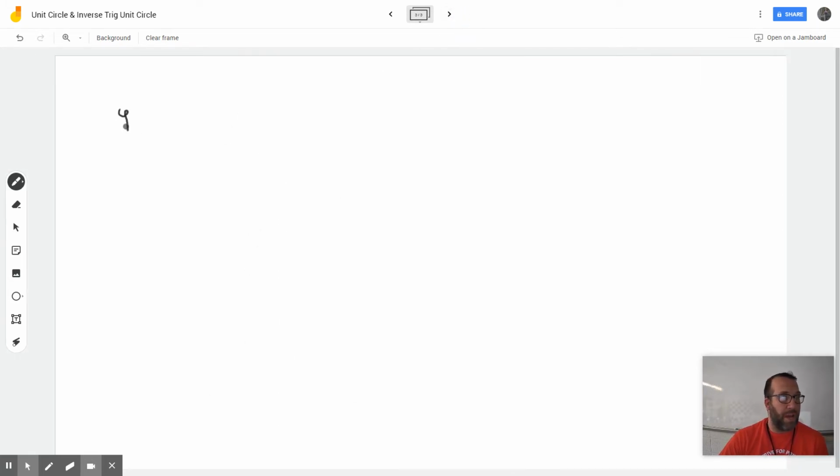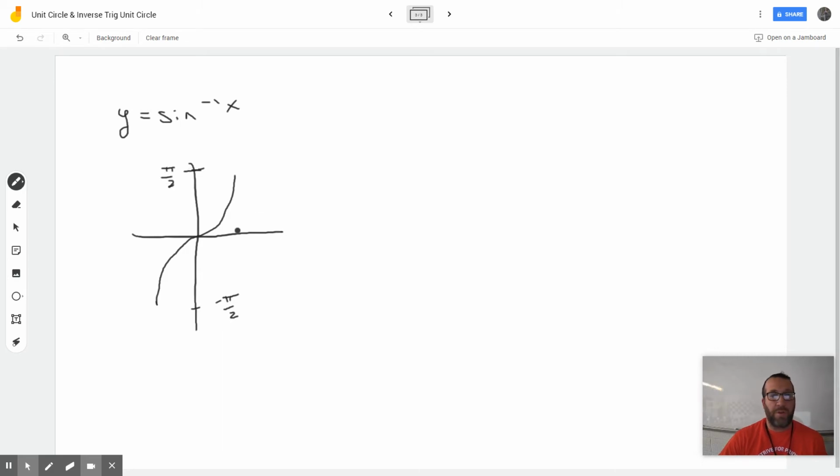So if we consider the graph of inverse sine x, it goes something like this, right? It only goes to negative pi over 2 and positive pi over 2, okay? So if you do inverse sine of something, it only gives you an angle between those two values. So that's why that fourth quadrant is negative pi over 2.